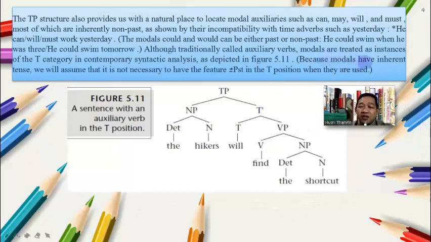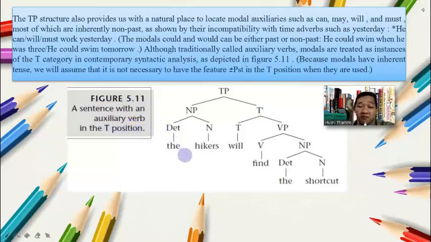Okay, because modals have inherent tense, we will assume that it is not necessary to have the future or past tense in the T position when they are used. Well, of course, it is clear that it is not into past situations. Yeah, the figure 5.11 here: a sentence with an auxiliary verb in the T position.